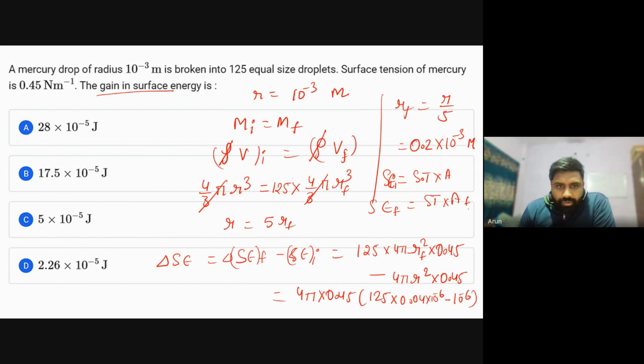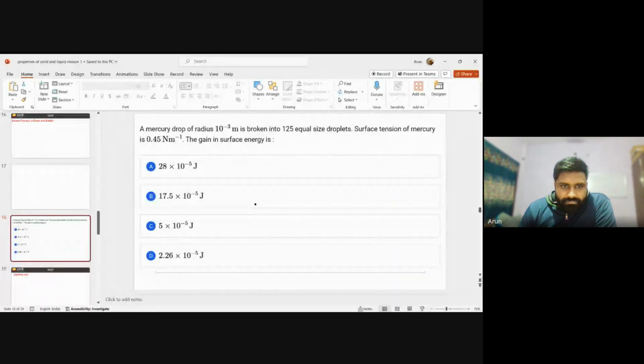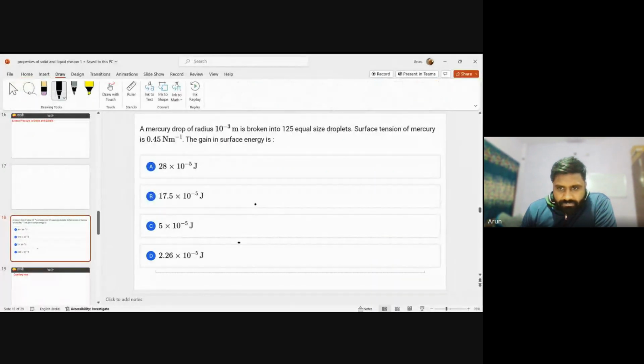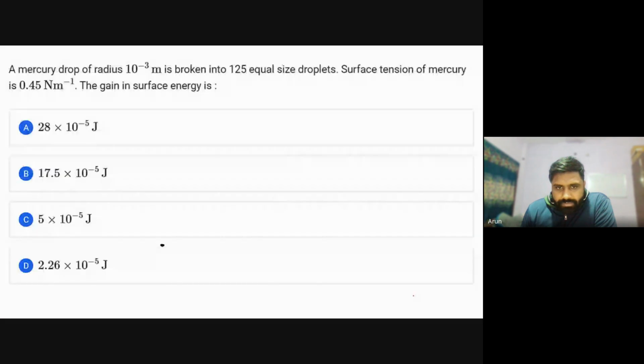So if you calculate this, you will have a value of delta SE equal to 2.26 into 10 raised to the power minus 5 joule.